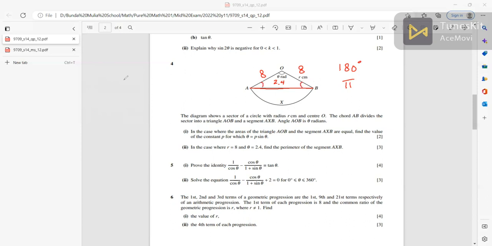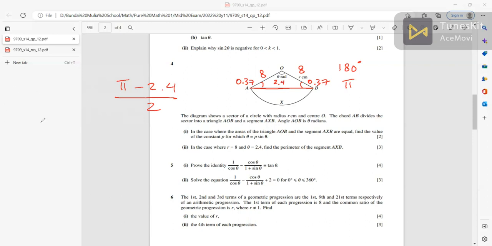So it is pi minus 2.4 per 2. So if we calculate it, we shall get 3.14 minus 2.4 divided by 2. So we got this is around 0.37. This is also 0.37.